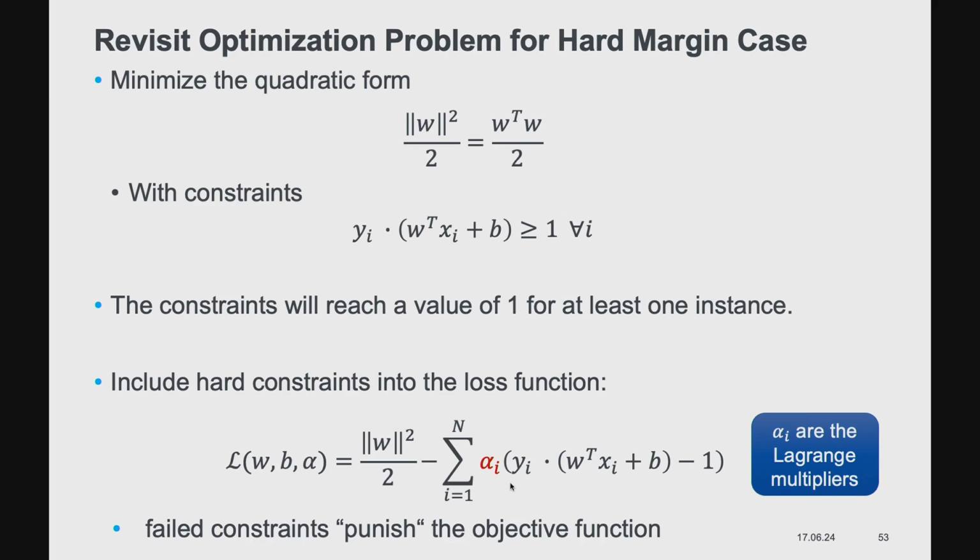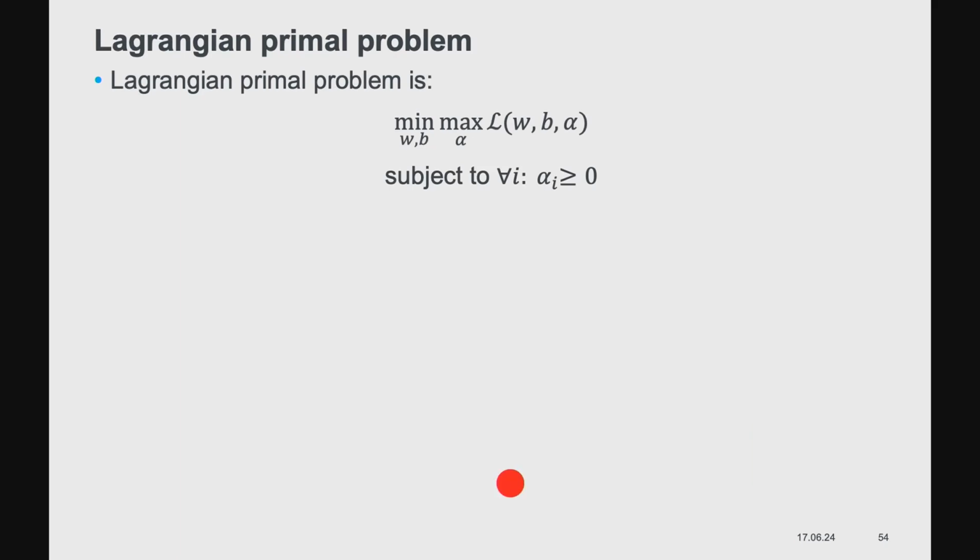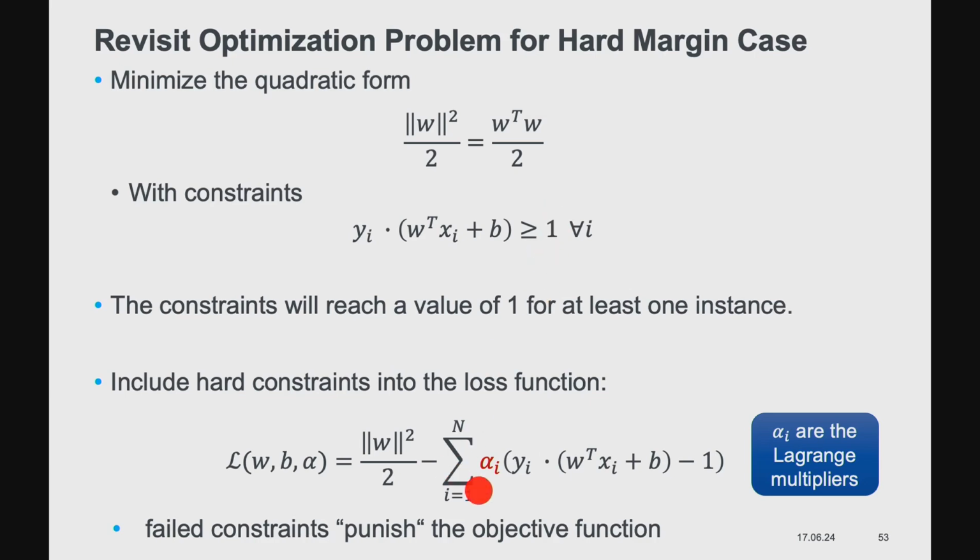So what we want is to find the largest alpha possible. That's what we do here. We look for the maximum for a particular alpha, and then look for the minimum that we find here. And the alphas must always be larger than 0. So what we don't want is to provide awards, so to say.